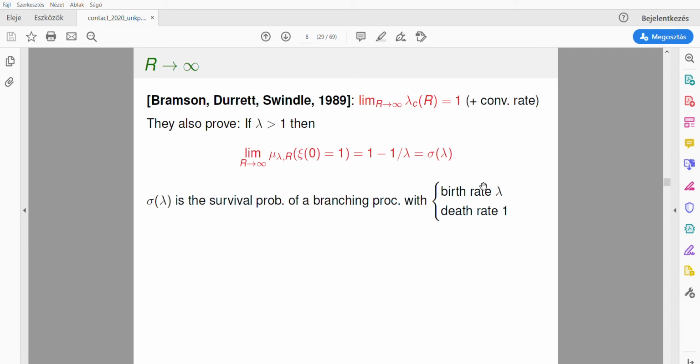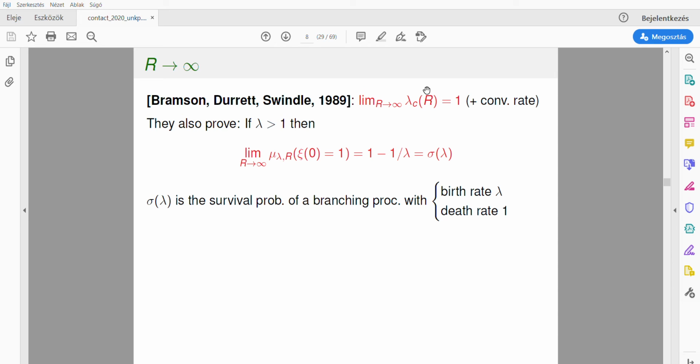And the meaning of the message of their theorem is that if the infection radius is big enough, then the infection spreads essentially in a similar way as a branching process. Of course, for any finite value of r, you're in Z^d, so the geometry matters.